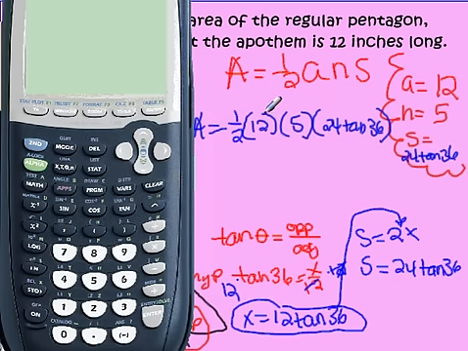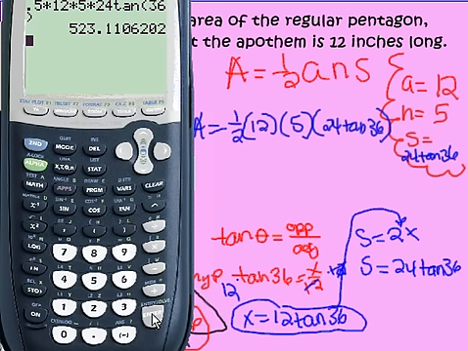So we have 1/2, which as a decimal is 0.5, times 12 times the number of sides, which is 5, times 24 tangent of 36. And we end up finding that the area of our pentagon is approximately 523.1 inches squared.